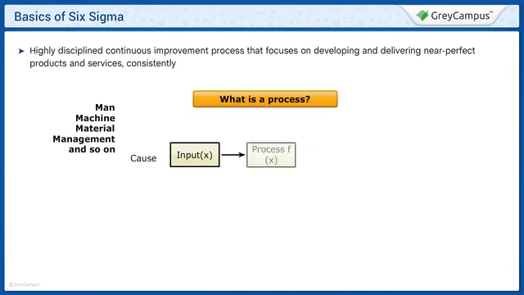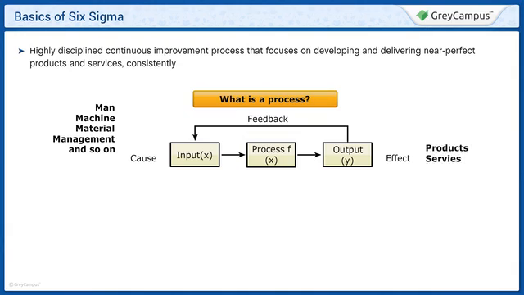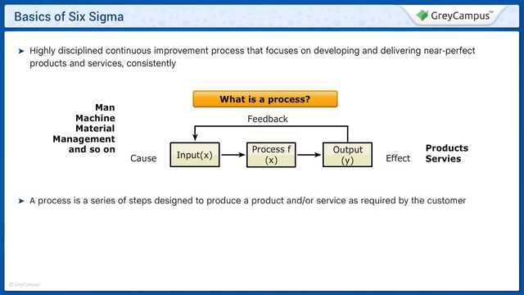The term sigma is used to designate the distribution about the average of any process. In statistics, sigma is the symbol that depicts standard deviation in the population. Six Sigma is a continuous improvement process.